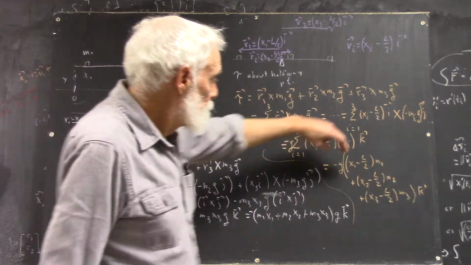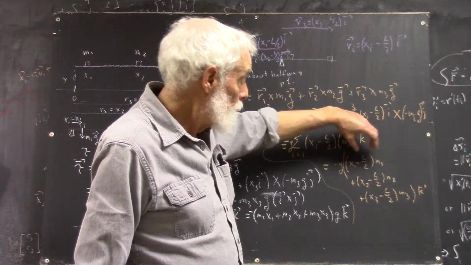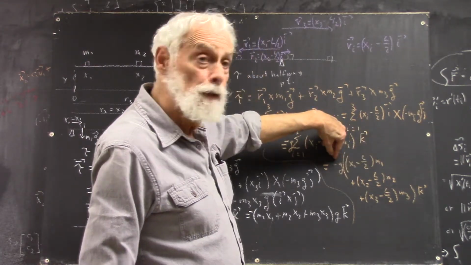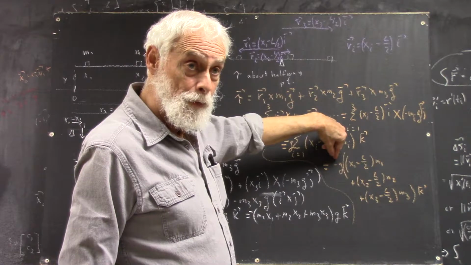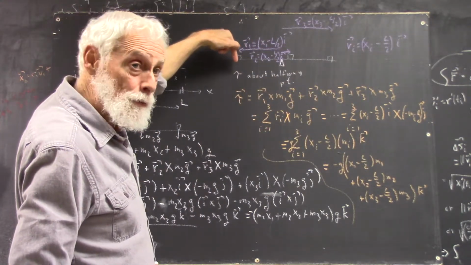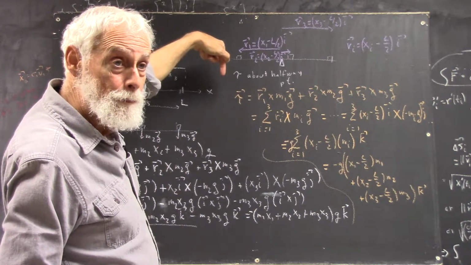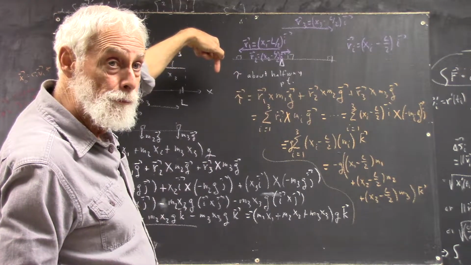Okay, so this term is going to contribute a positive because you have a negative here times the negative of the g, right? Now, according to this picture, is the torque by the gravitational force going to be positive or negative? It's going to be positive.